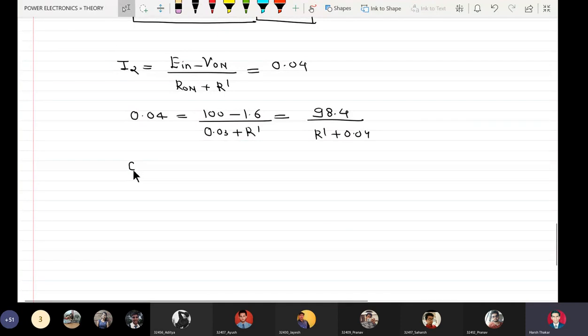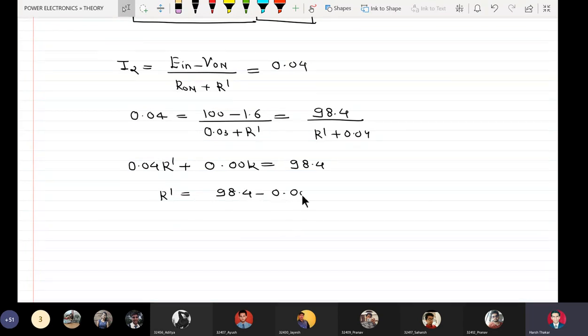So we have 0.04 R dash plus 0.0012 equal to 98.4. So R dash is 98.4 minus 0.0012 upon 0.04.